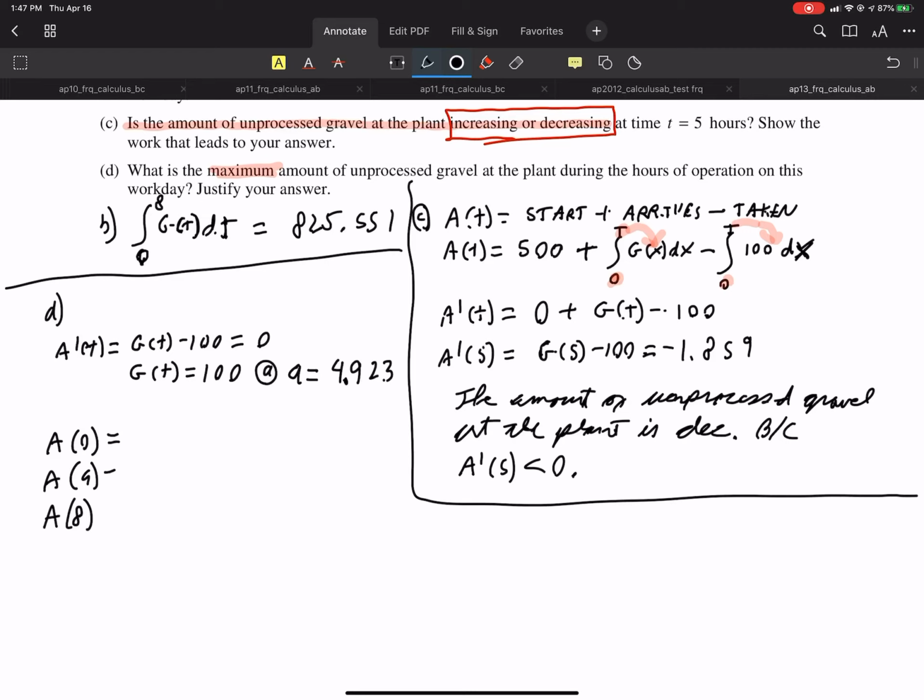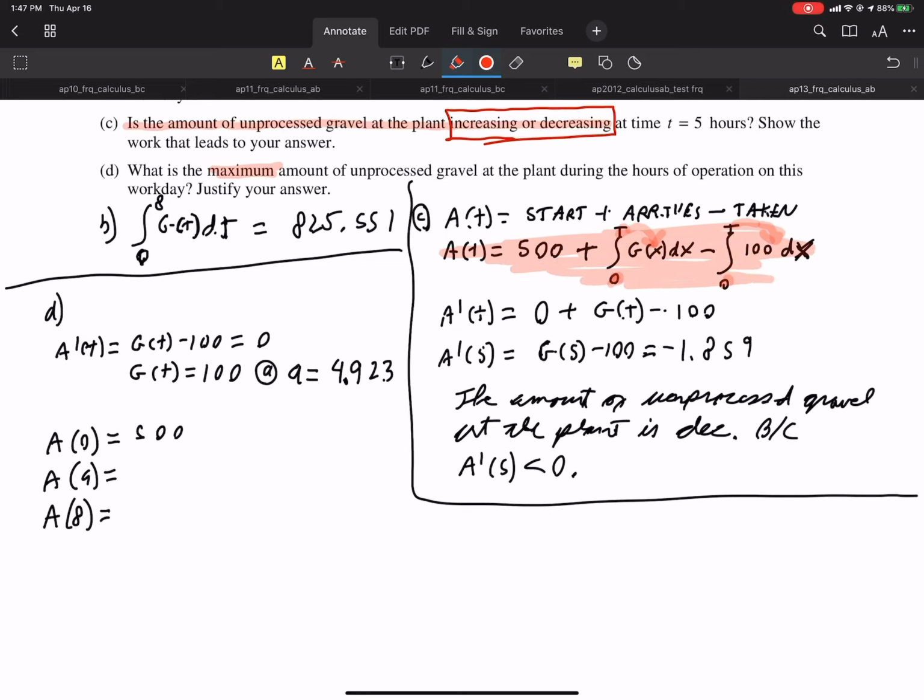Well, A of 0 is easy. They told us the starting amount is 500. Done. Now, to find the amount at A, I use the formula that we found earlier in part C. My mouse just died again, so I'll highlight it for you here.